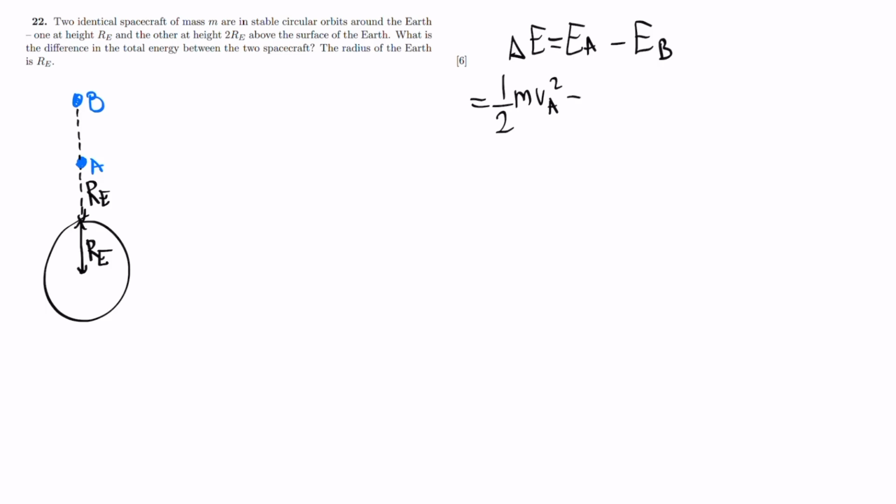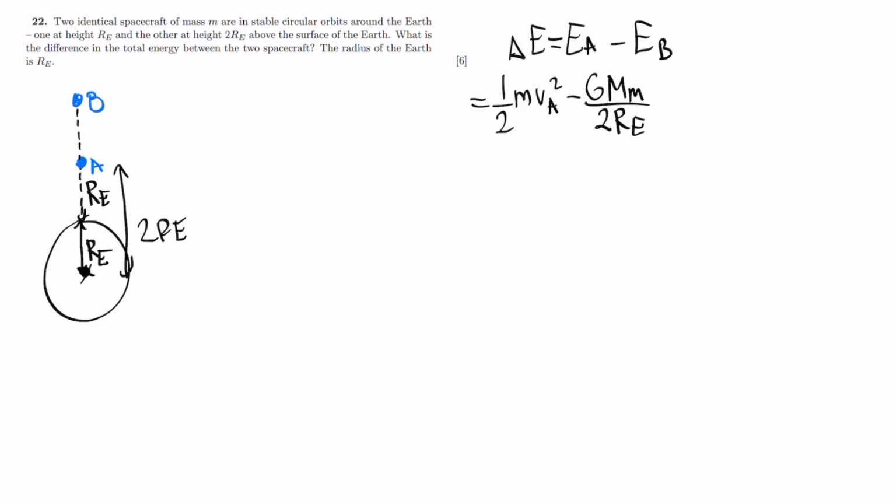Take away, remember gravitational potential energy is always negative, so it'll be minus GMm, where this here is the mass of the Earth, let's call it capital M. And then divide that by its radius, which is just going to be 2re, because that's its orbital radius. They're always taken with respect to the center. The distance from here to here is just 2re.